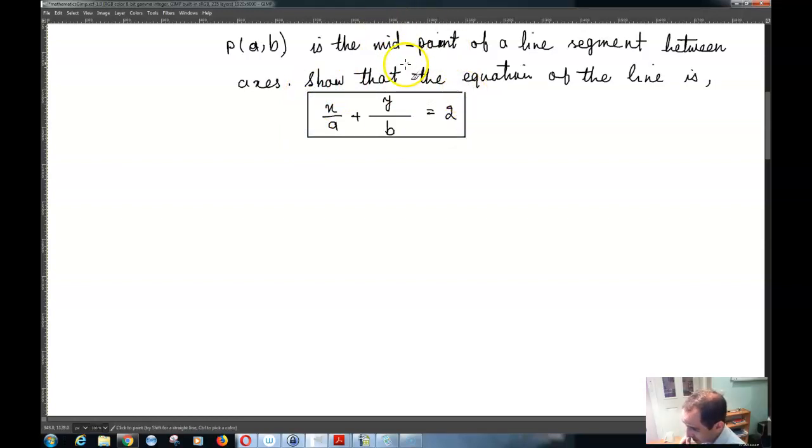Now what this means is that you have a line segment over here, and between axes means that you have an xy plane.